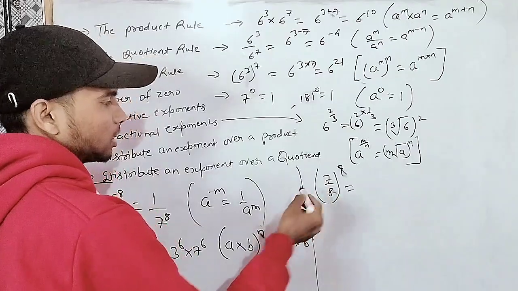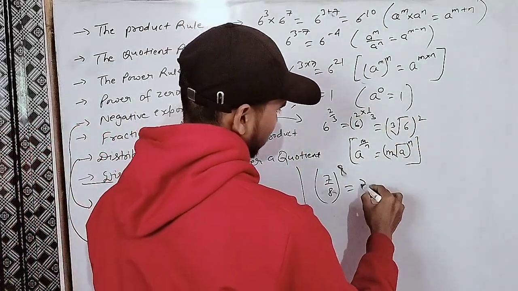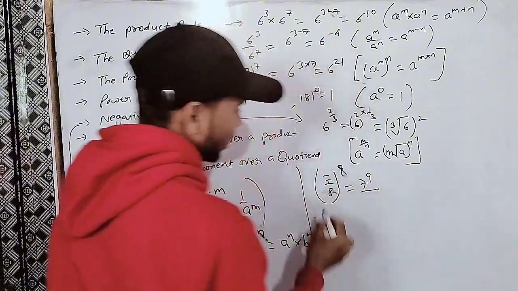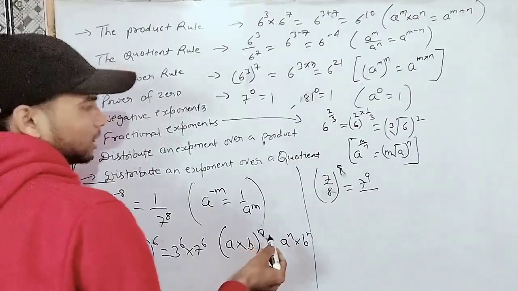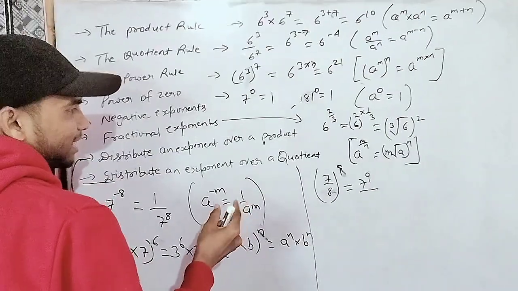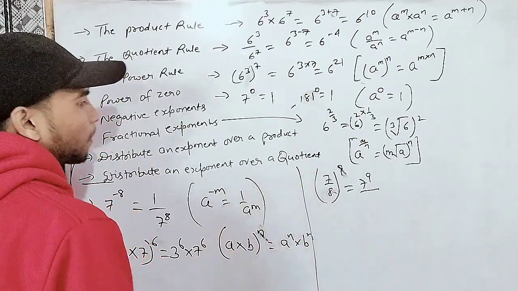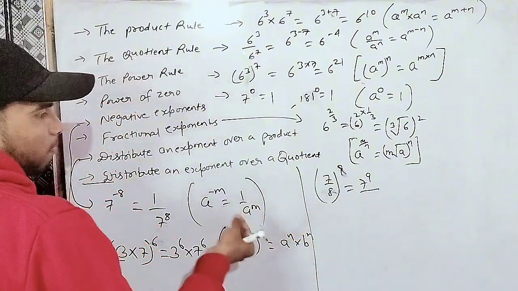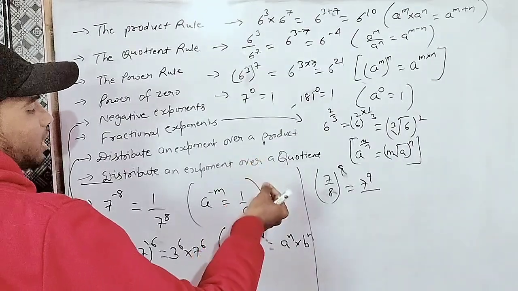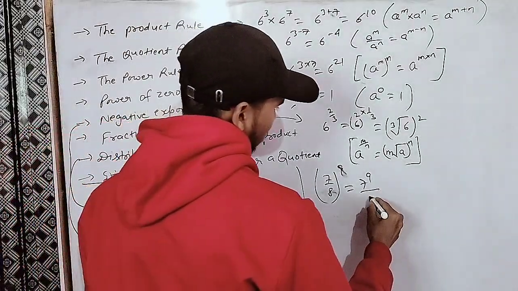Your 7, which is a base, is with the 9 exponent. Whereas 8 is a base. It doesn't matter denominator or numerator. So our 8, which is a base, is with the 9 exponent as well.